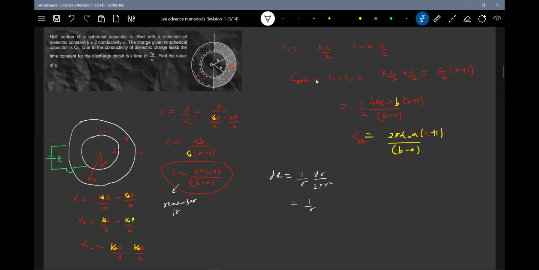But here 2 pi R square, only for half of this one. So this will become 2 pi sigma, this is A to B. So the resistance of this will be 1 by 2 pi sigma times (1 by A minus 1 by B). So the resistance will become (B minus A) by 2 pi sigma AB.